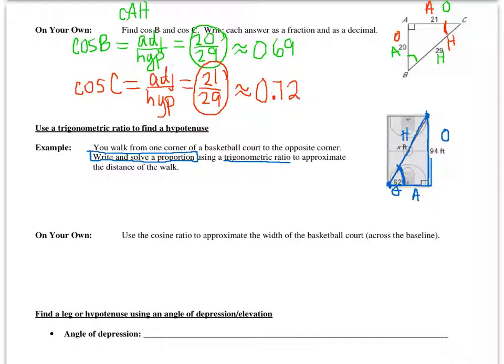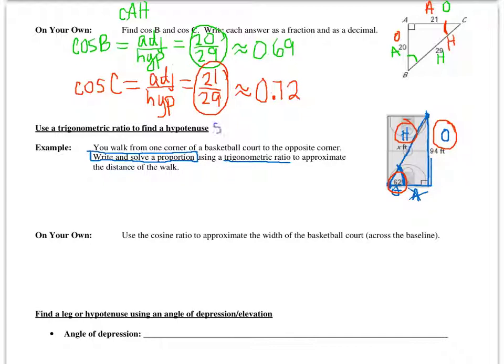I'm actually going to write a problem, and I'm going to ignore this adjacent side. I'm going to write a problem that uses my opposite, because I know that, and my hypotenuse, and it uses this angle right here. So if you ask yourself what uses opposite and hypotenuse, write it down instead of just thinking it.